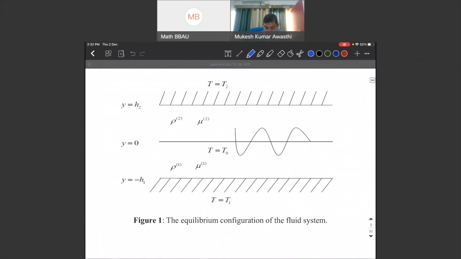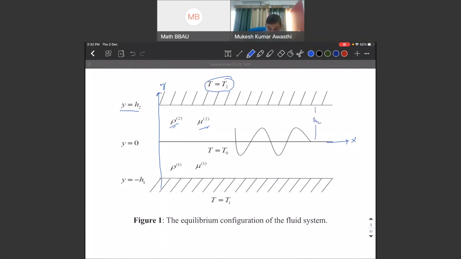So we have taken this problem here. There are two fluids. One has the density rho 2, viscosity mu 2. This is x, this is y. In the upper fluid, the density is rho 2, viscosity mu 2, temperature T2, and the width is h2.